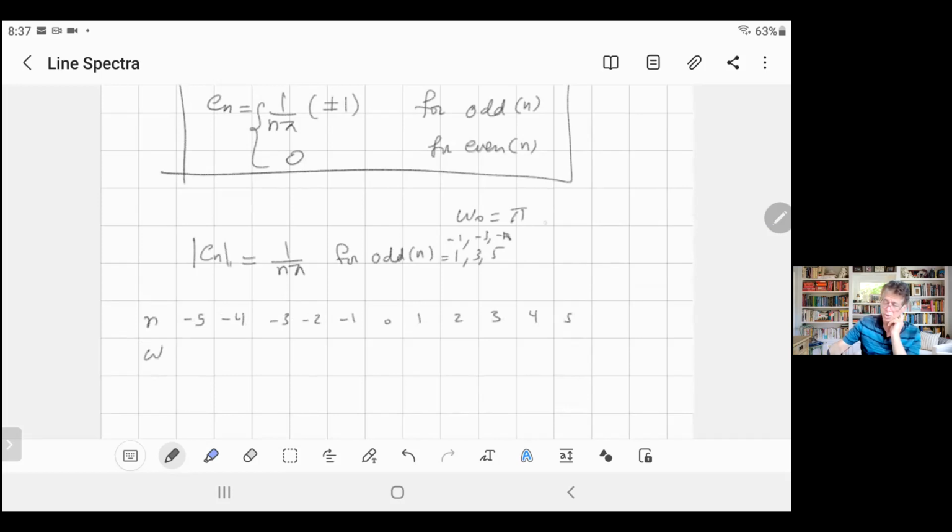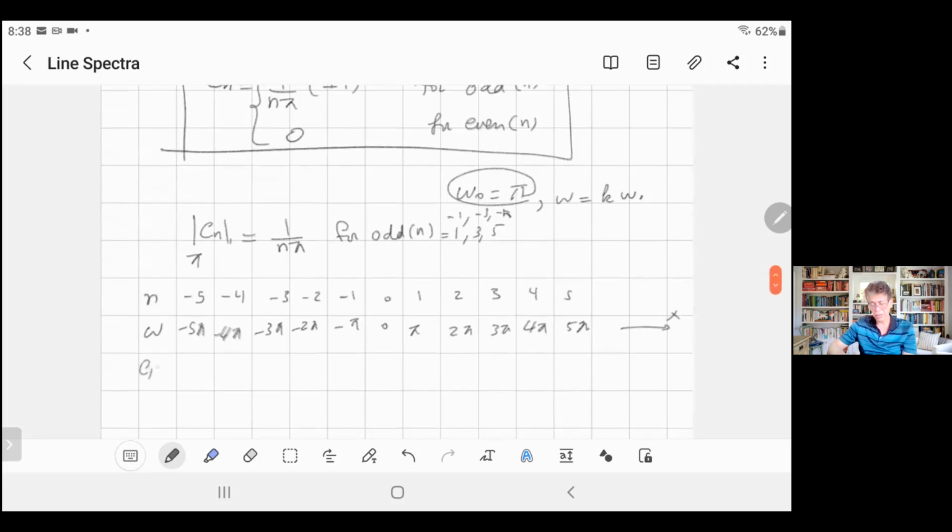You know that omega is equal to k omega naught. You have omega naught equal to pi, so you multiply pi by each number. Here you get omega: pi times minus 5 gives minus 5 pi, minus 4 pi, minus 3 pi, and so on. 0, pi, 2 pi. So now that's the frequency. That will be your x-axis, the horizontal one.